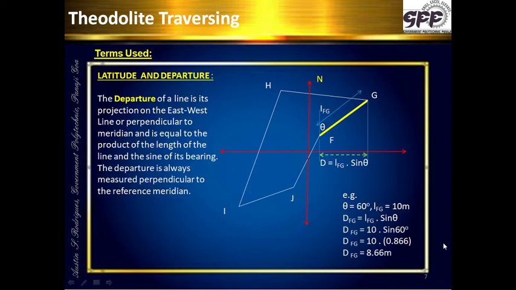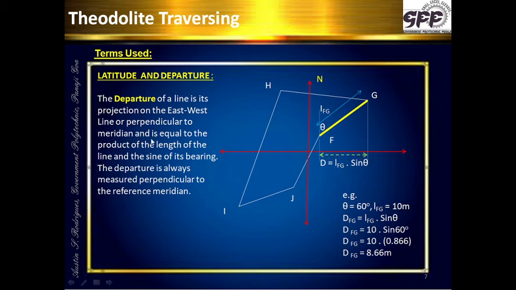Now coming to the term departure. Departure of a line is its projection on the east-west line, or perpendicular to this. So when I'm looking at the line FJ from the top, the component which I'm finding on this axis is called the departure.